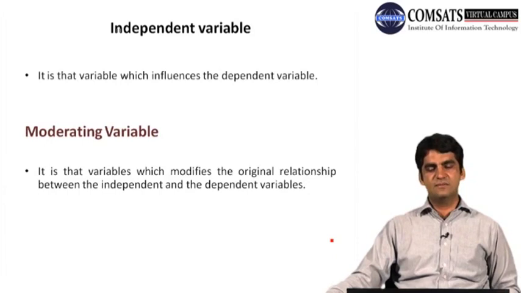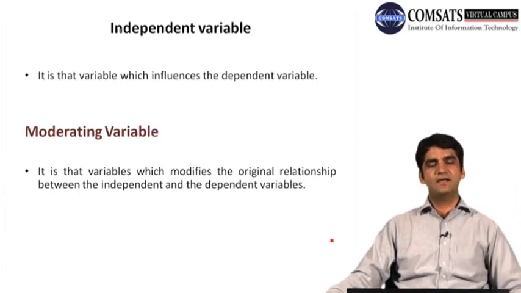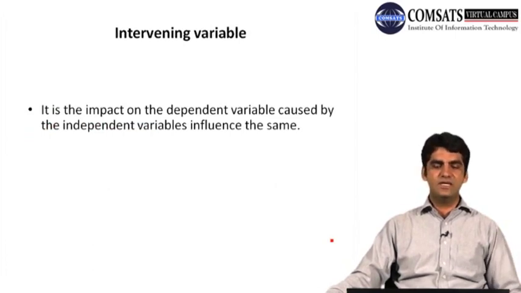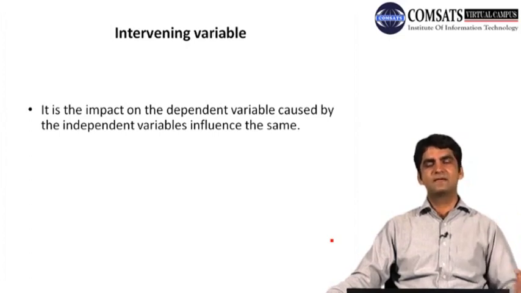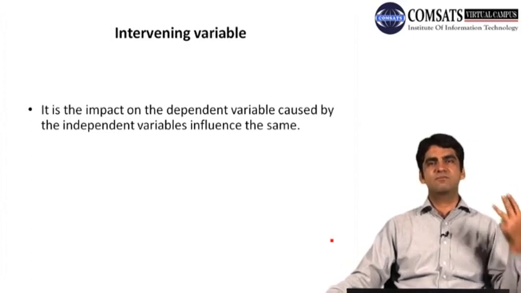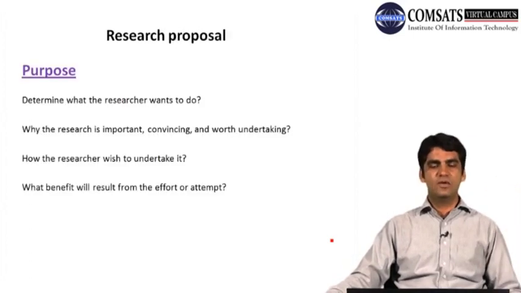A moderating variable is a variable which modifies the original relationship between the independent and dependent variable. An intervening variable is the impact on the dependent variable caused by the independent variable influencing in the same way. So this is how we distinguish between dependent, independent, moderating and intervening variables.